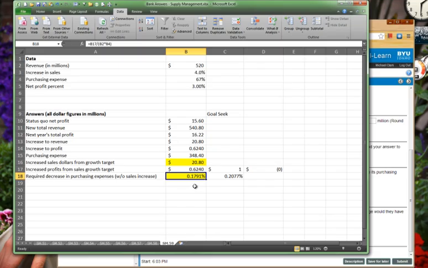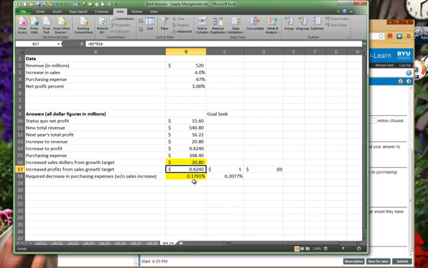And that tells us that if we could just shave 0.1791% off of our purchasing expense, just a whisker of savings, we would achieve the same bottom line benefit of $0.624 million as a 4% increase in sales.